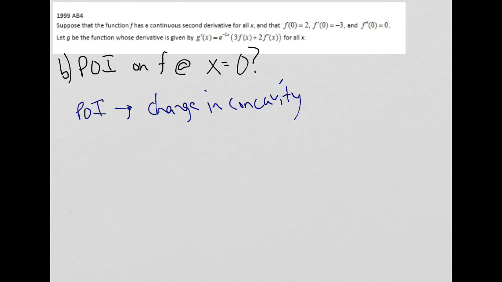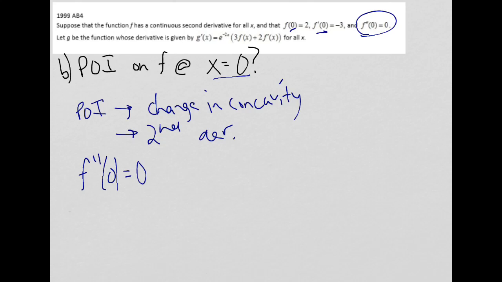So usually for points of inflection, I look at the second derivative. And notice we're looking at x equal to 0. So I have f of 0, I have f prime of 0, and look, I have f double prime of 0. So that's good. I know f double prime of 0 is equal to 0.